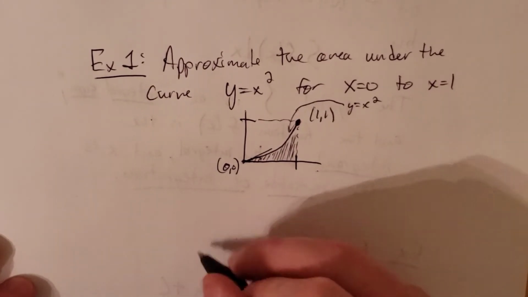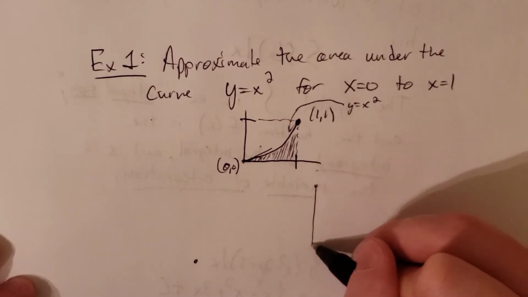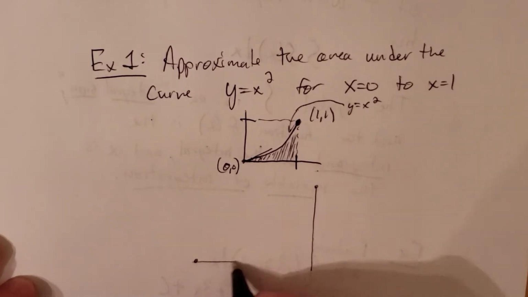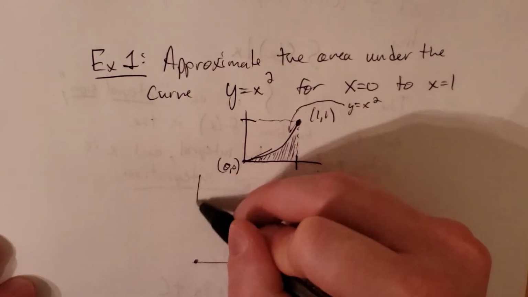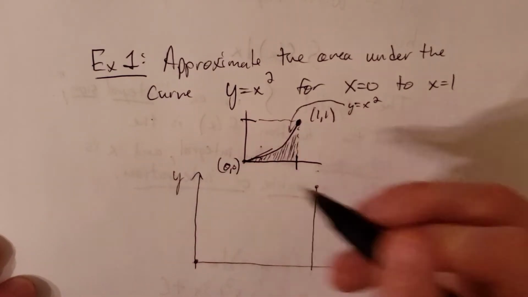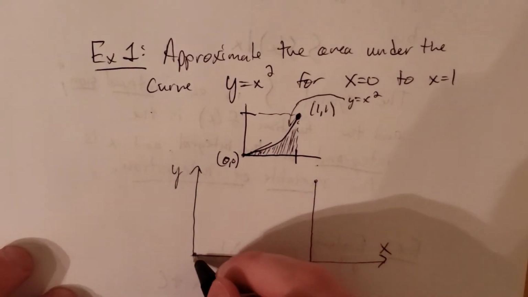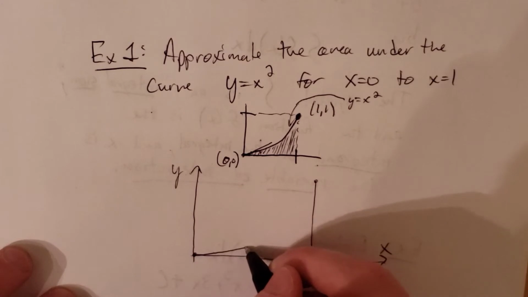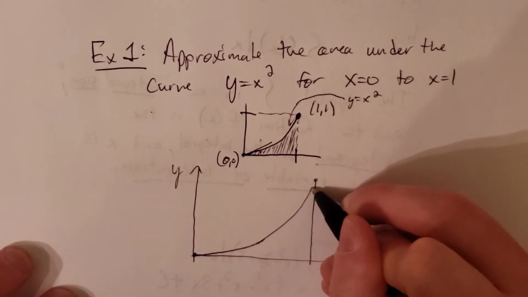I'm going to first draw this picture quite a bit bigger so that we can see what's going on. And here will be our y-axis, here's our x-axis, and y equals x squared will look something like this.